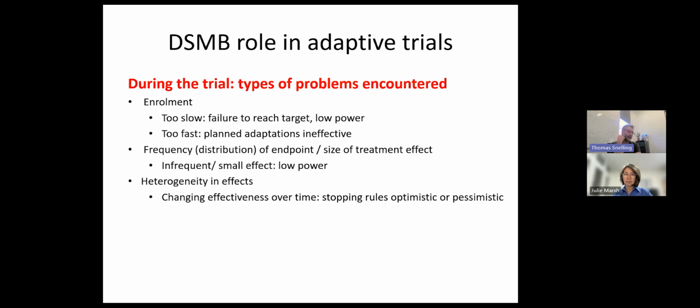And as a result of that, treatment is looking futile, but over time you are enrolling incident cases of the disease at an earlier stage, which is potentially more amenable to the intervention. And so there's a risk you could stop for futility for a treatment that, if you had continued, might ultimately be proven to be effective.